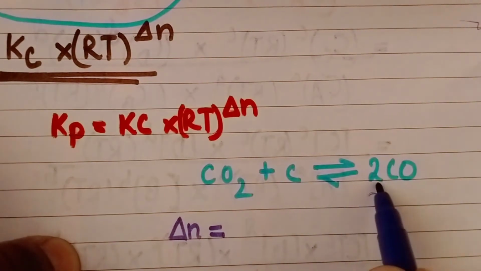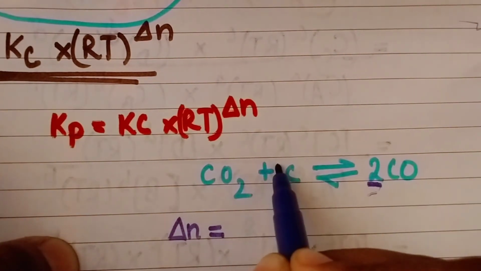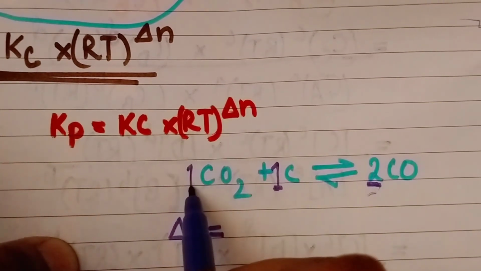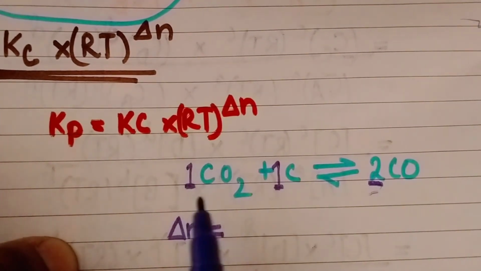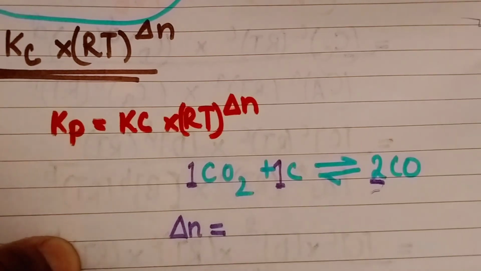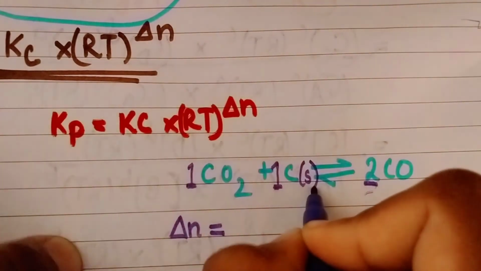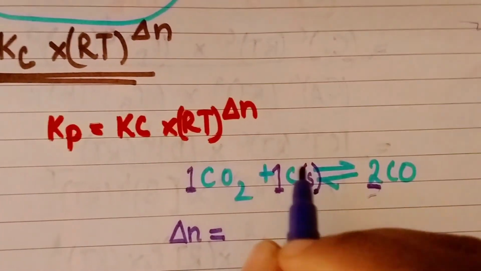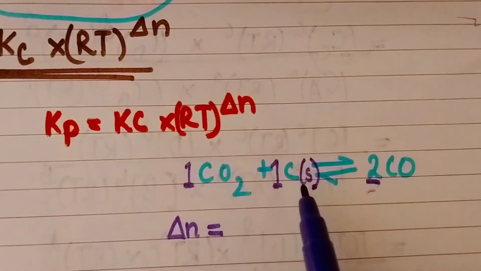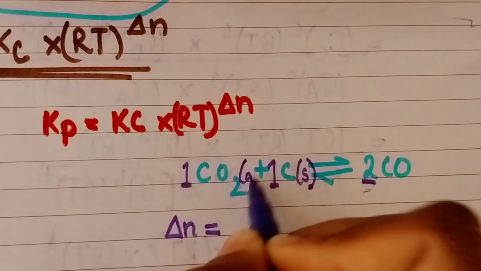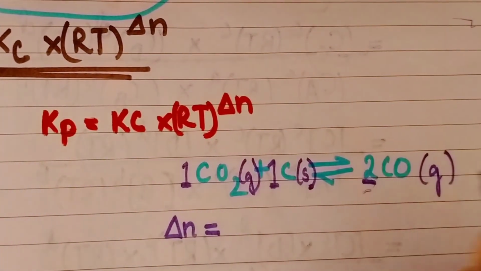First, the coefficient here is nothing but 1. But in this question, our C is in the solid state. We all know it's graphite, it reacts as graphite. So its state is solid, while the other two are in the gaseous state.